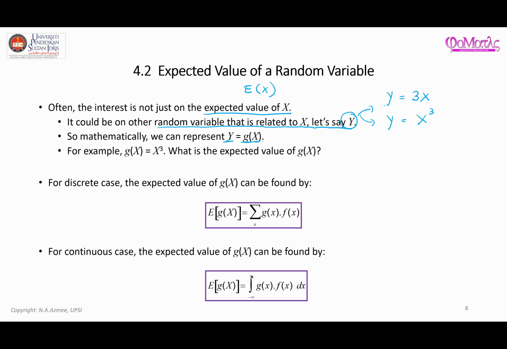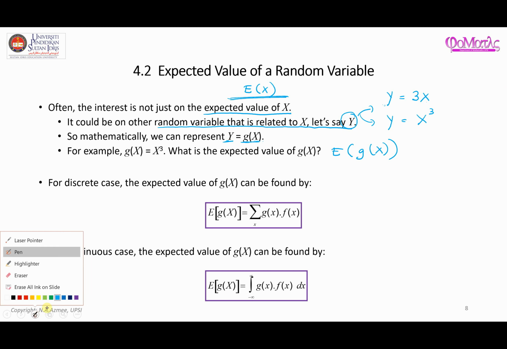Therefore, in this video, we are interested to extend the idea of E(X) and to find the expected value of g(X). We are extending the idea of E(X) to finding the expected value of a function that depends on X.